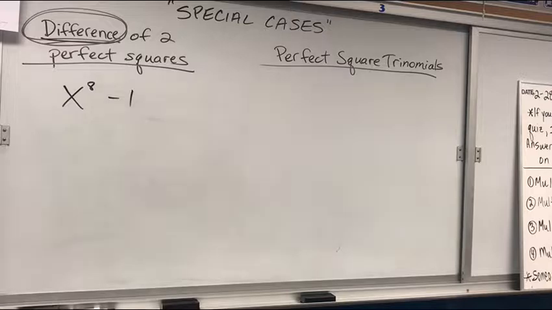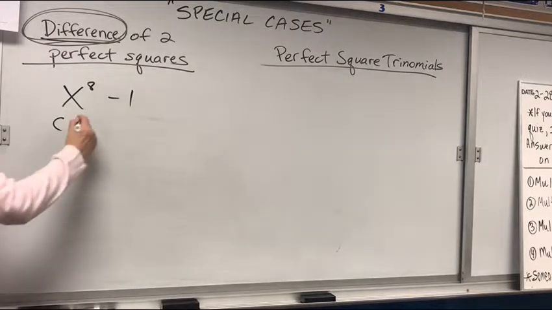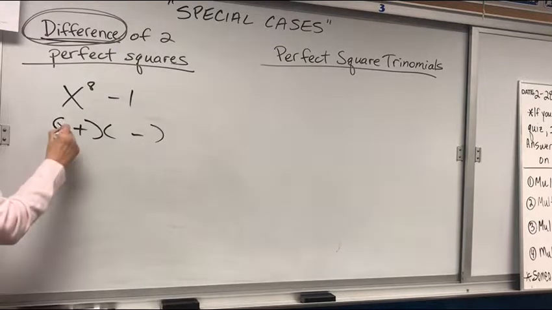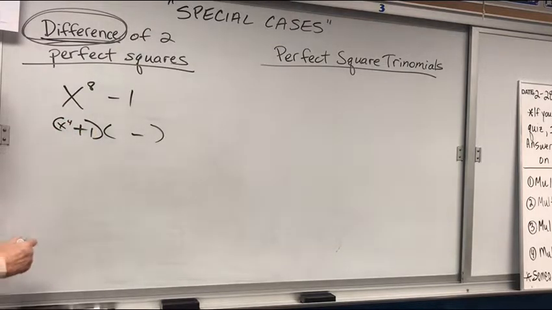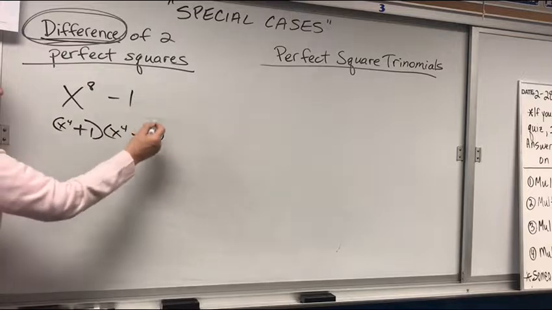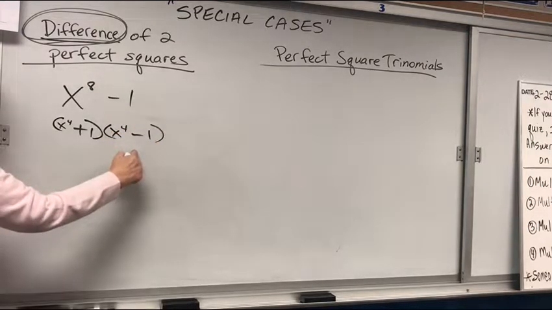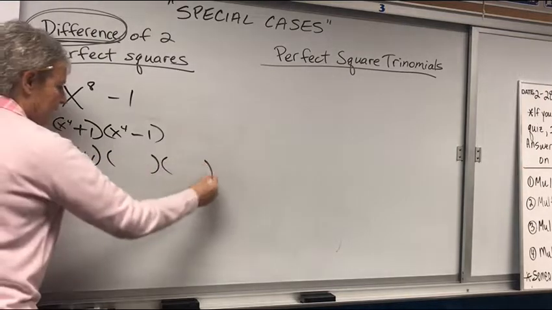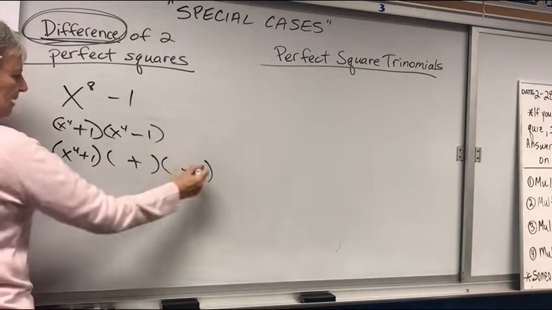All right, two perfect squares. One's plus, one's minus. X to the fourth plus 1, x to the fourth minus 1. Two perfect squares. One's plus, one's minus.